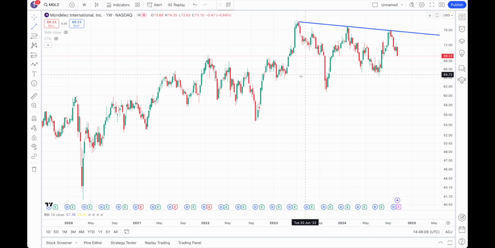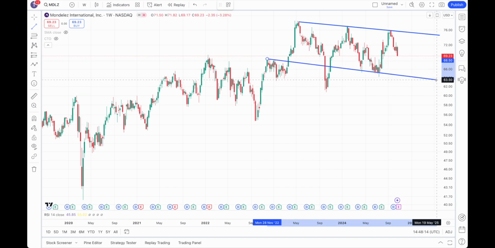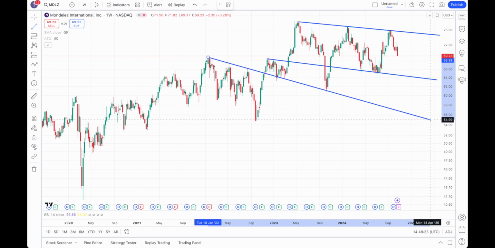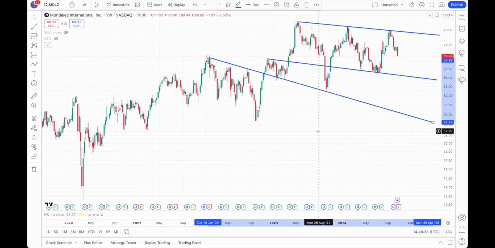Now, if I'm just having a look further, I can see maybe I can use this level over here, and I can also maybe stretch it back over here and have a level like this. So it's about being creative and seeing how your eye sees support and resistance.